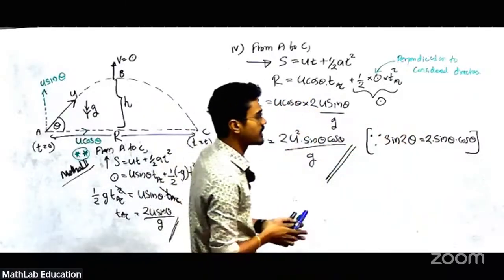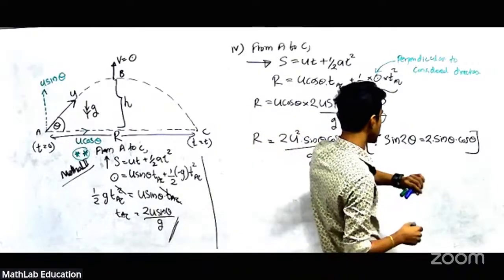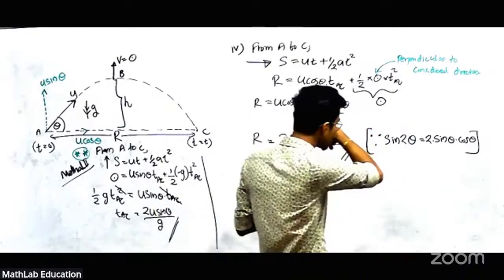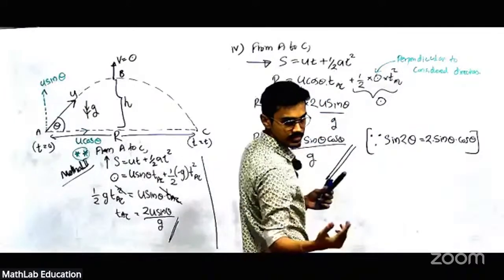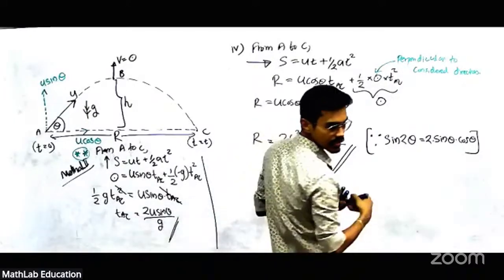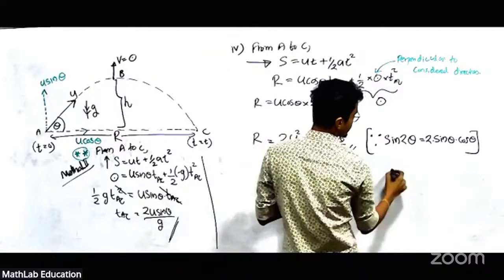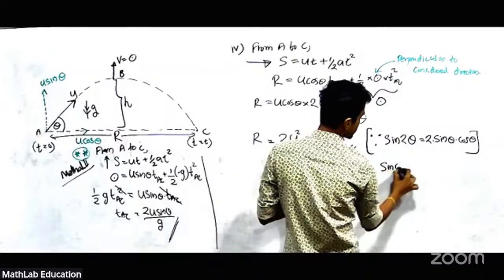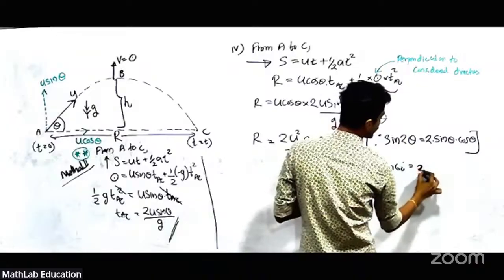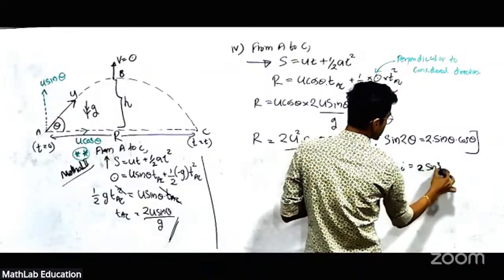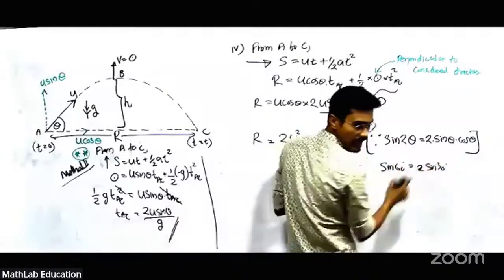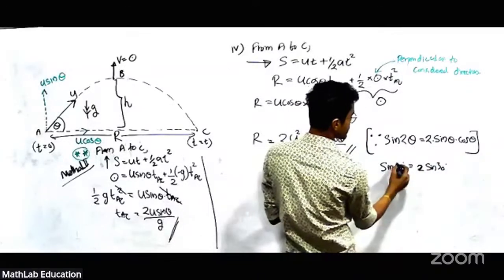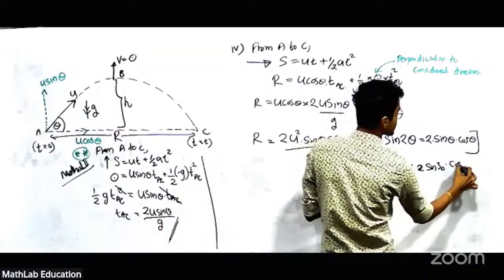If there's anyone who doesn't know this, I will prove it using an angle. Let's take an angle like 60. Sine 60 can be written as 2 sine 30 cos 30.